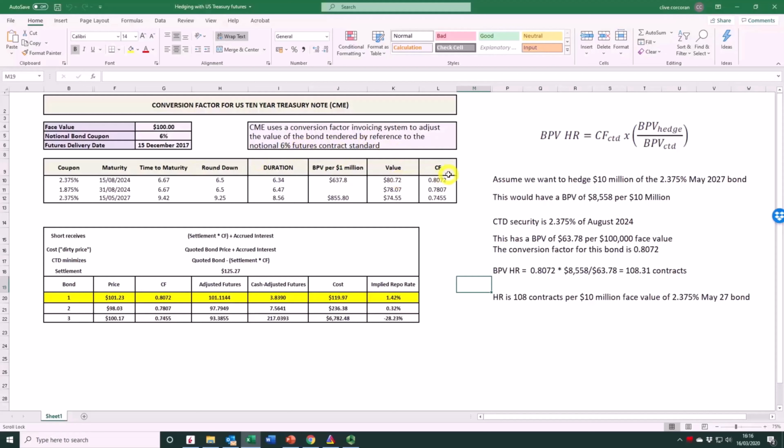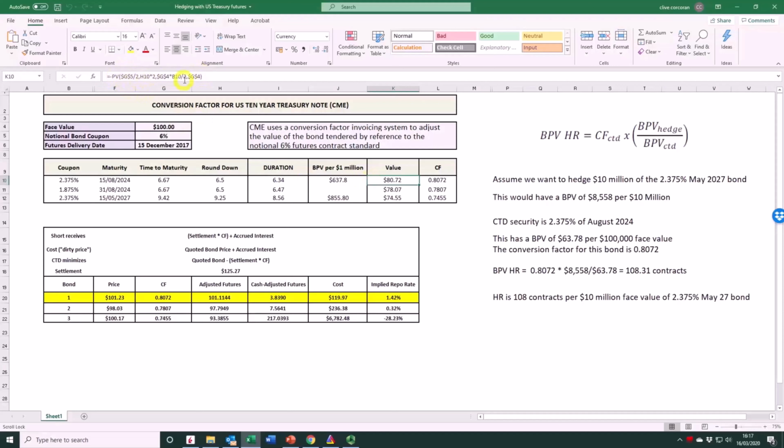In order to calculate the conversion factor, it is possible to use a built-in function in Excel. So I shall show it here. It is this function of PV. Notice the negative sign I have there. And there are various parameters that are required. These parameters can actually be identified within Excel, so I'm not going to go through them.